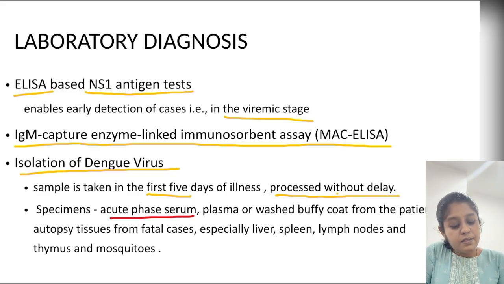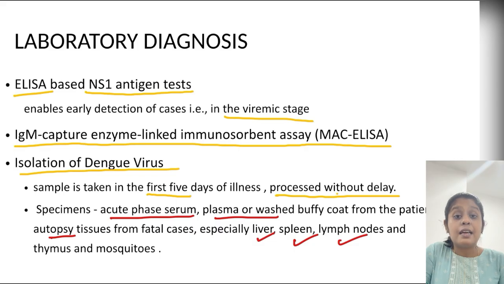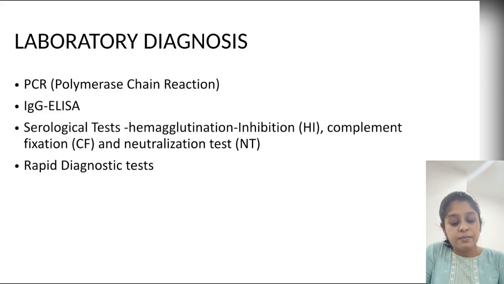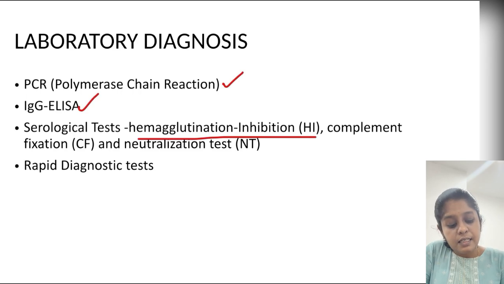And the specimens that can be used are acute phase serum, washed buffy coat from the patient, autopsy tissue from fatal cases like the lymph node or liver or spleen tissue or the thymus, and this culture can also be taken from mosquitoes.